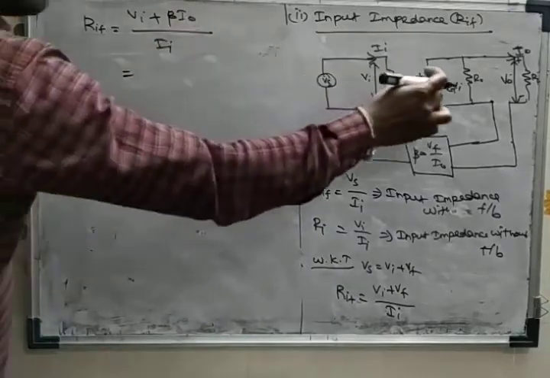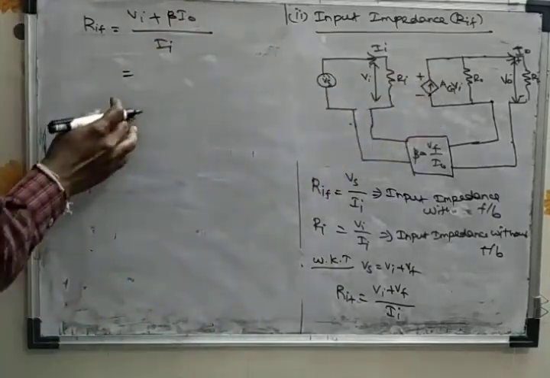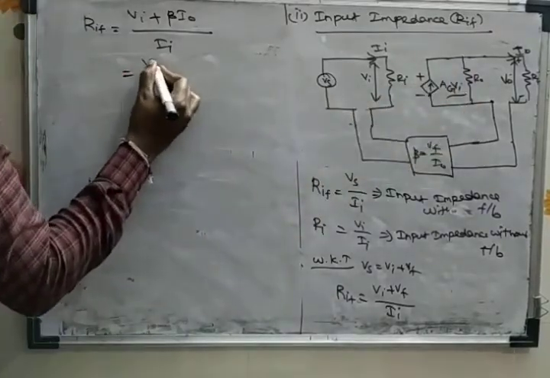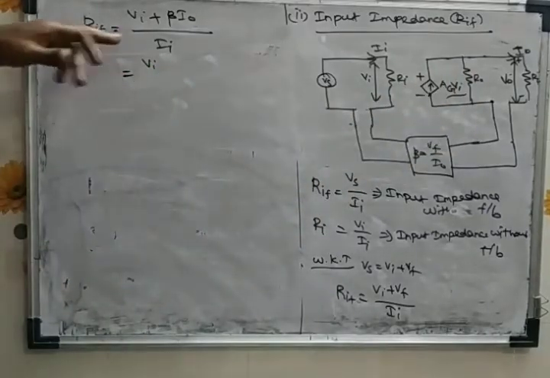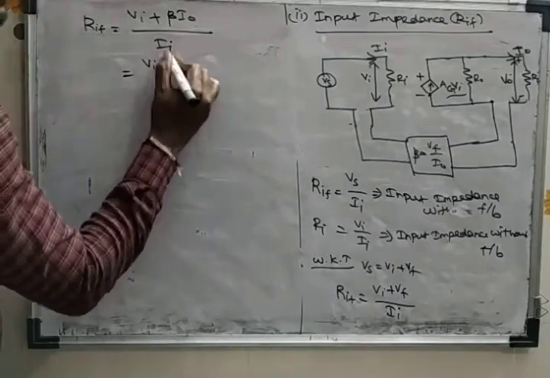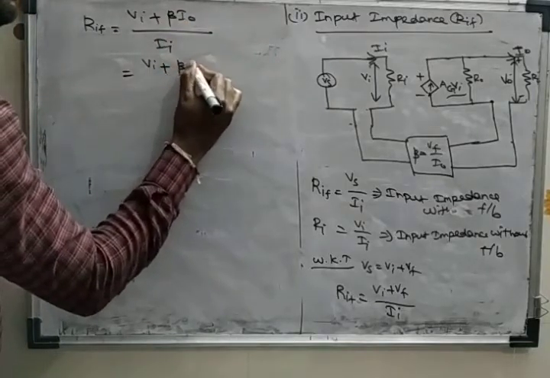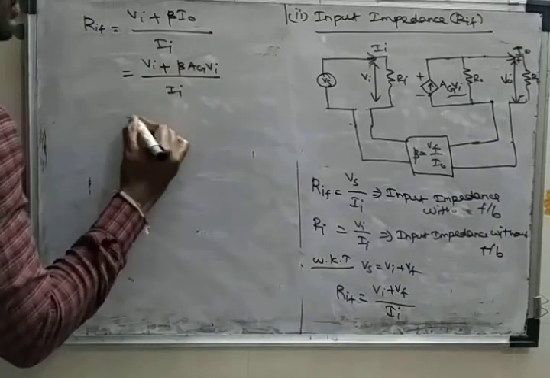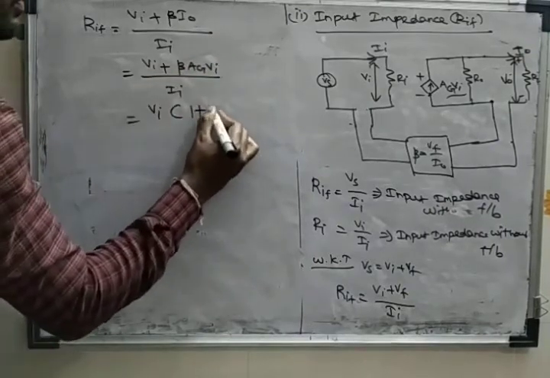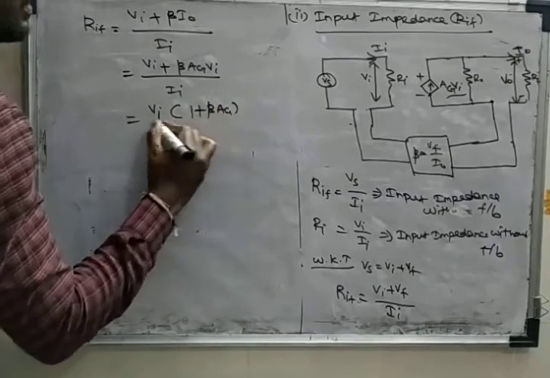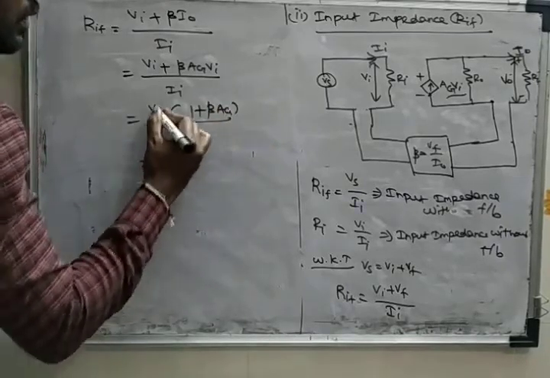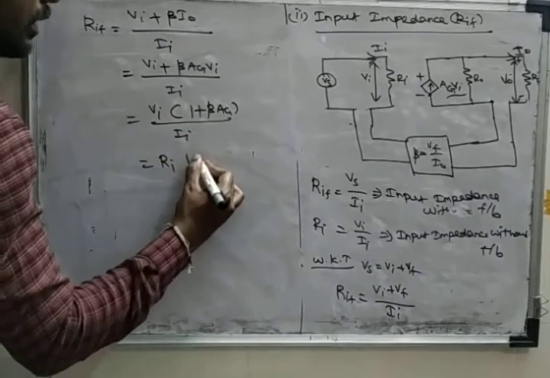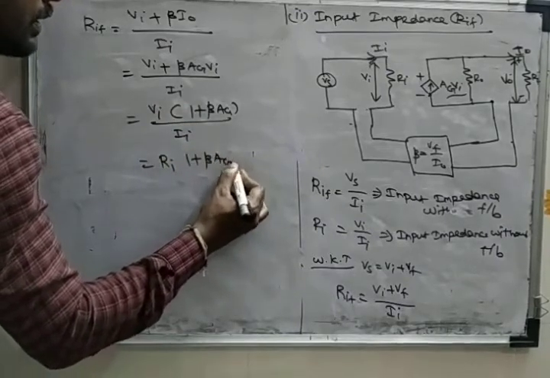Again I naught is replaced by Ag into Va. From the circuit diagram, I naught is replaced by Ag Va divided by Ia. Take Va as common, you will get 1 plus beta Ag divided by Ia. So Va by Ia is equal to Ra into 1 plus beta Ag.